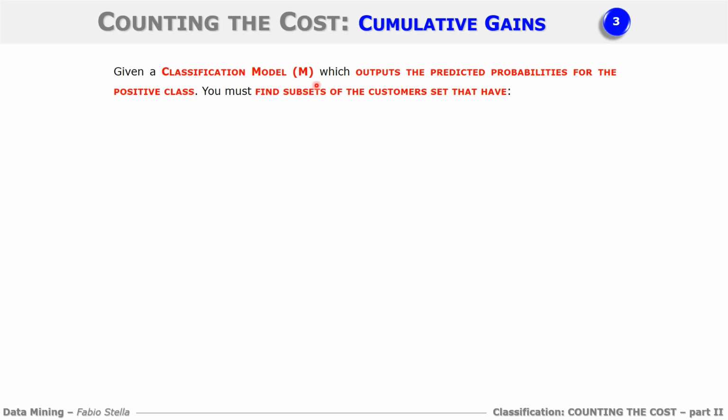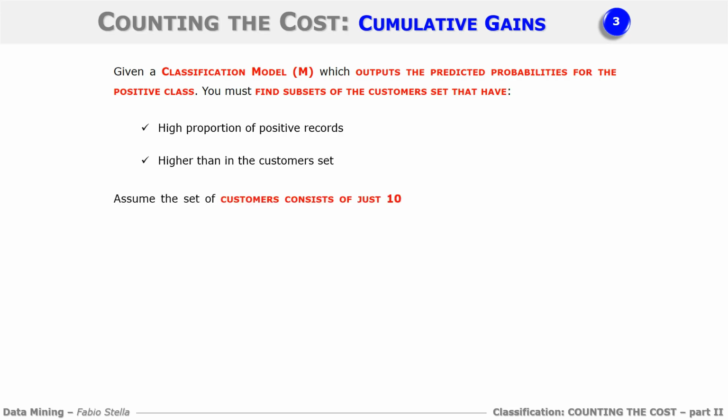Given a classification model capital M, which outputs the predicted probabilities for the positive class, you must find subsets of the customer set that have the following property. This subset must contain a high proportion of positive records, and in particular higher than in the customer set. To better clarify this aspect, let us proceed as follows. Assume that the set of customers consists of just 10 individuals, so just 10 customers.